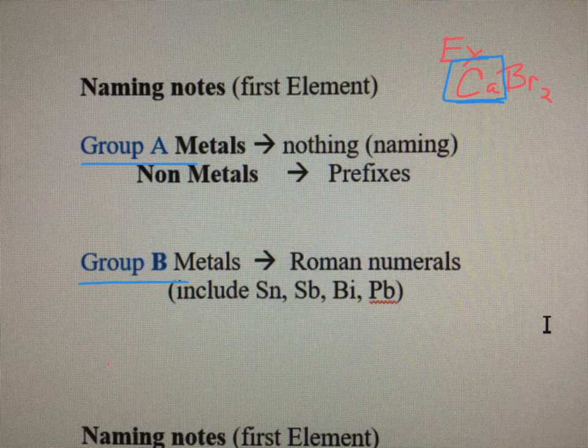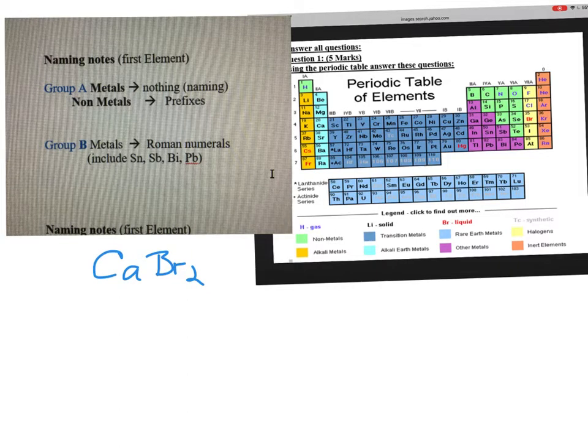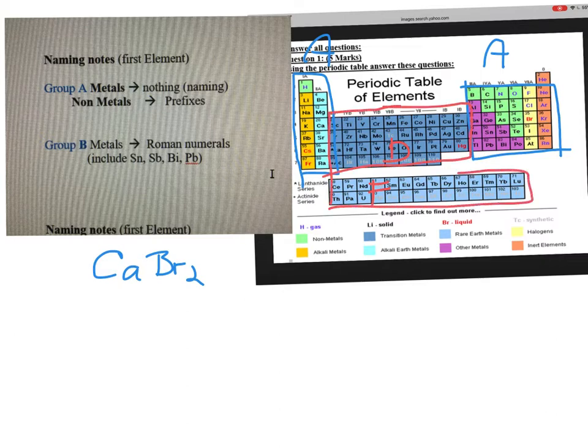Now what do I mean by group A and group B? When you have your periodic table, this whole section, your S section and your P section, these are your group A's. Your transitional metals are the D section and your F section, the inner transitional metals.